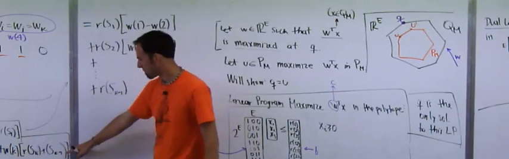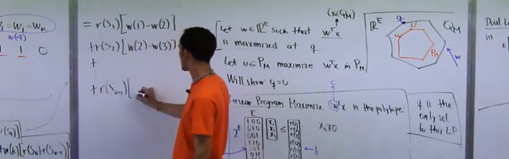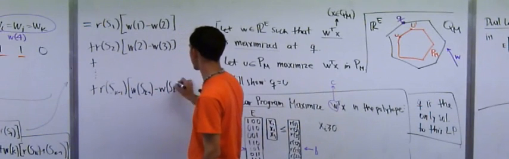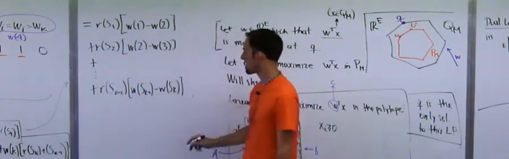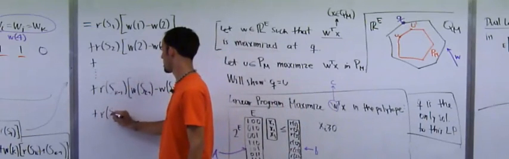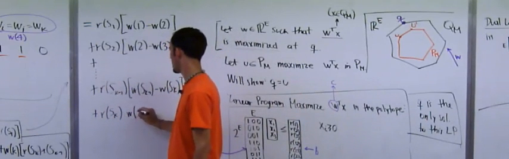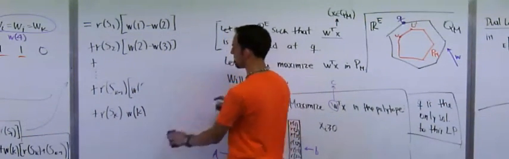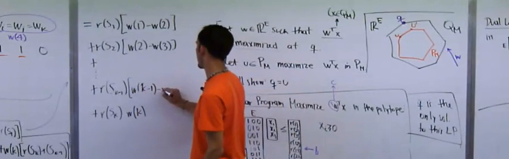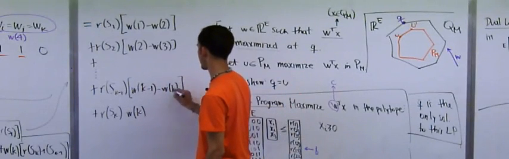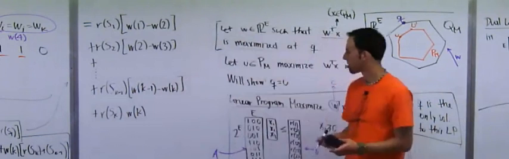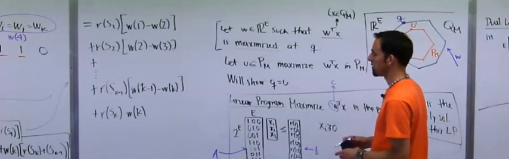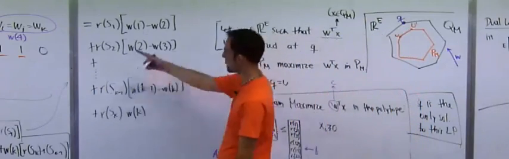R of S sub K minus 1 appears in W of K minus 1 minus W of K. And then the last guy just appears as W of K. So I wrote W transpose U in this way.